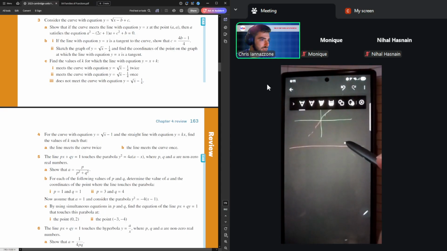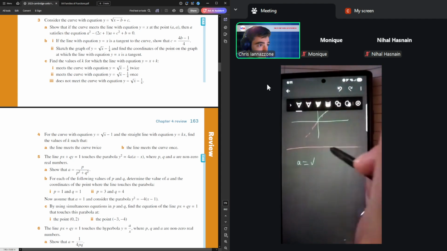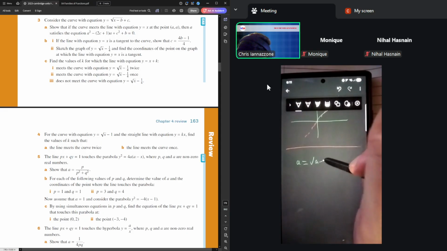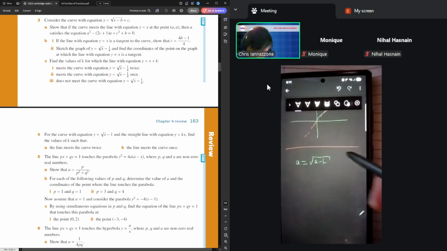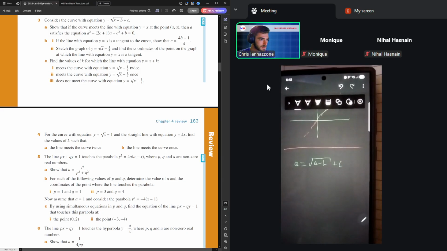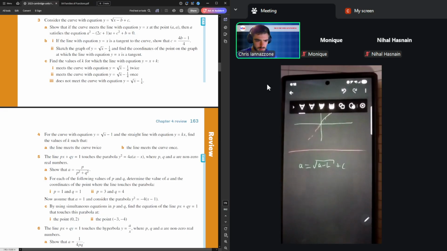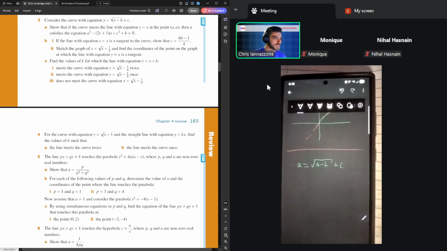So if we sub in A as both the x and the y, we're going to have A equals square root A minus B plus C. Then from there, what I believe they did was get everything on one side and leave 0 on the other.